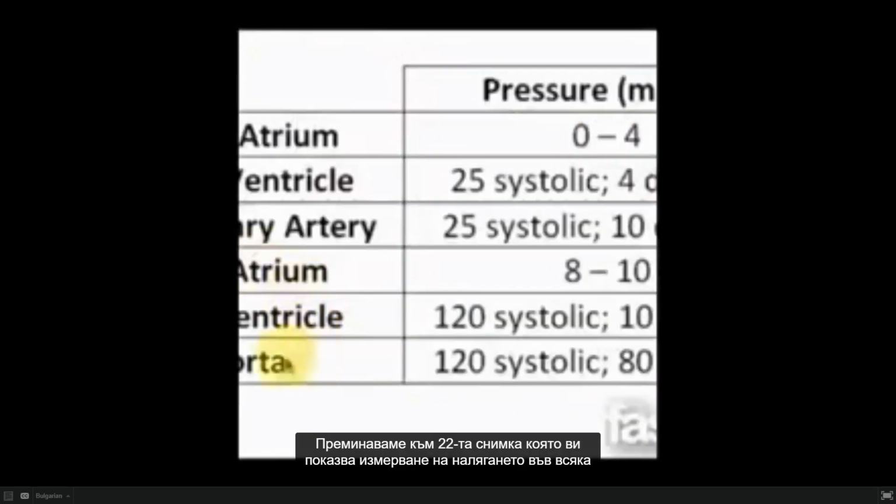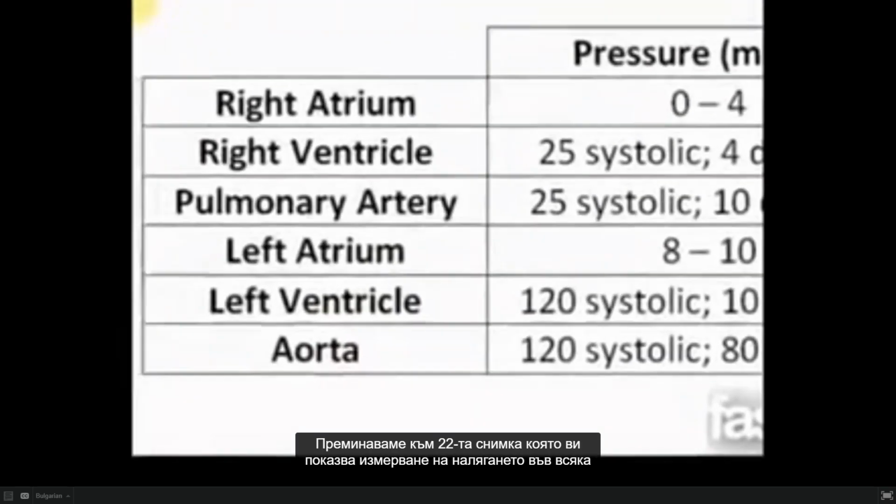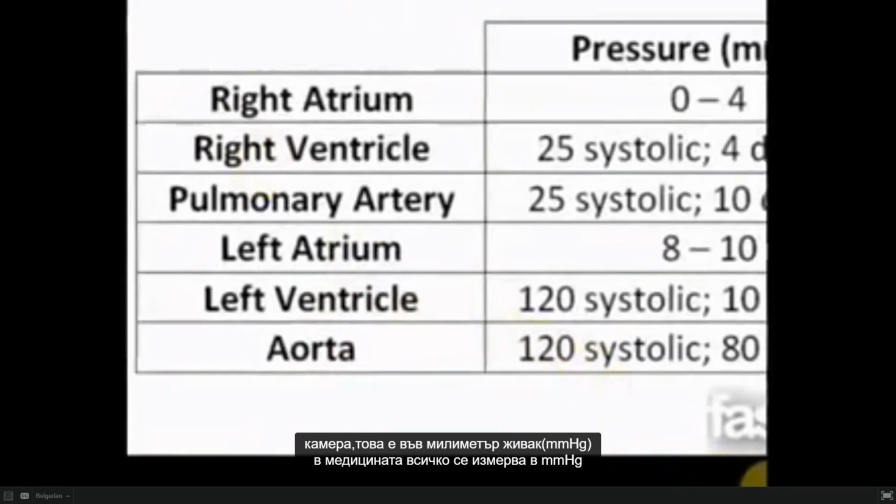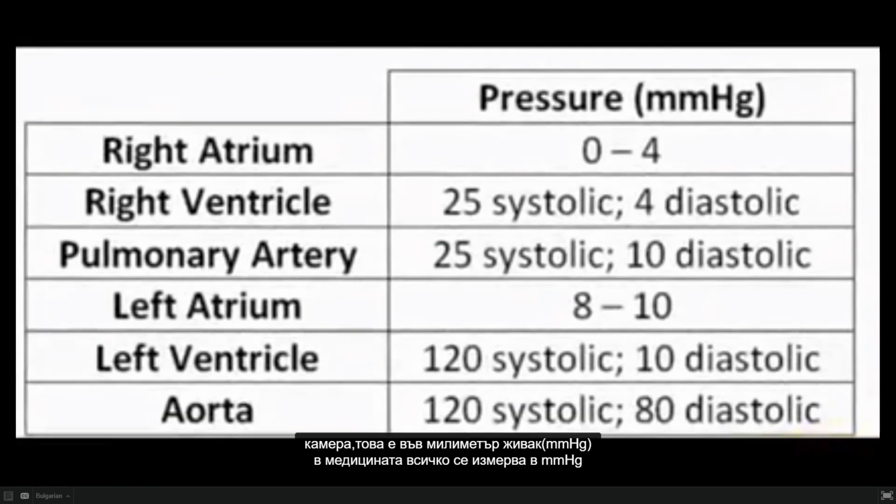Then the 22nd gives you the measurement of the pressure inside of each chamber. This is in millimeters of mercury. In medicine, everything is measured in millimeters of mercury. You see in the right atrium the pressure is from 0 to 4. Then in the right ventricle it is like 25 millimeters of mercury during the systolic movement.